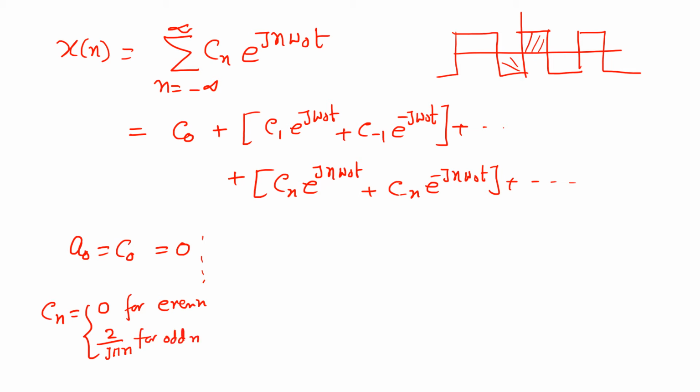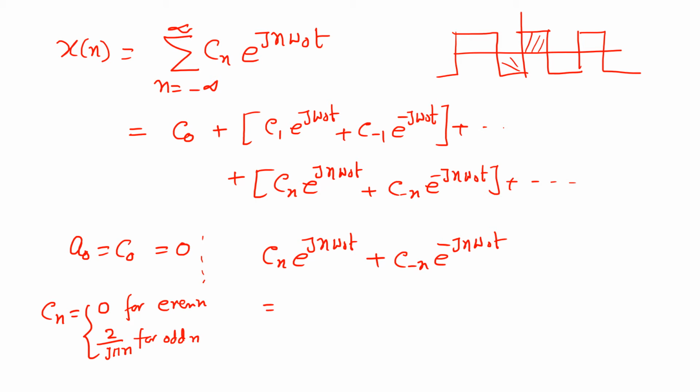Now if we use this, what is the sum? I want to calculate this part: Cn e to the power j n omega naught t plus C minus n e to the power minus j n omega naught t, this combination.